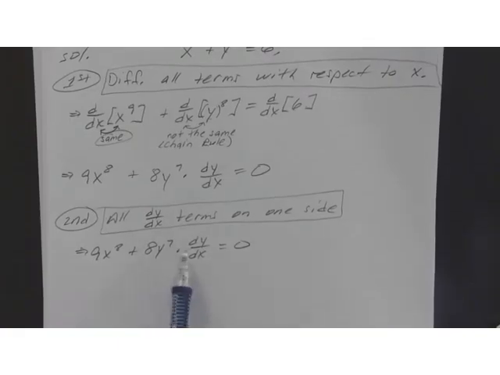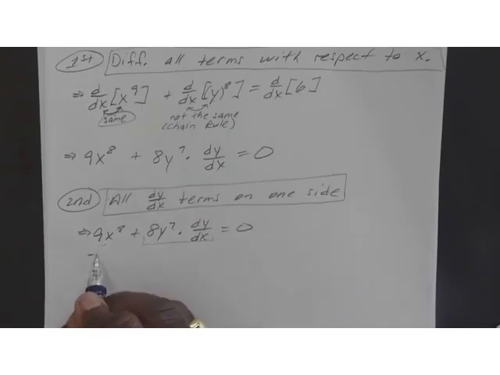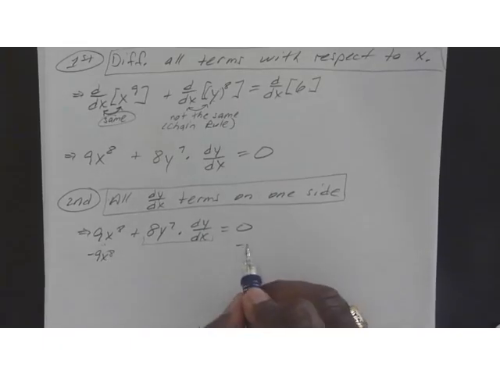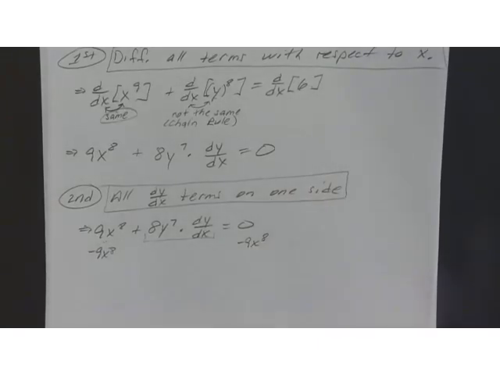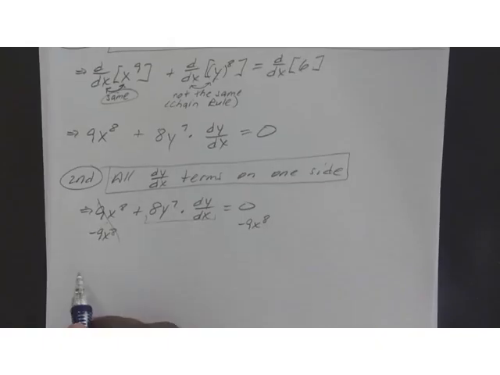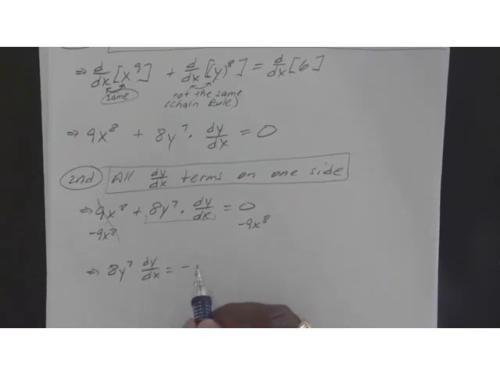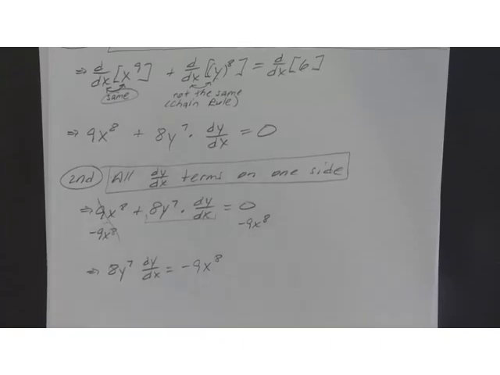This 8y to the 7th power times dy dx, that's one term, which means we have to get rid of this 9x to the 8th power. So we just subtract 9x to the 8th power from both sides. These two cancel each other out. So we have 8y to the 7th power times dy dx is equal to negative 9x to the 8th power.